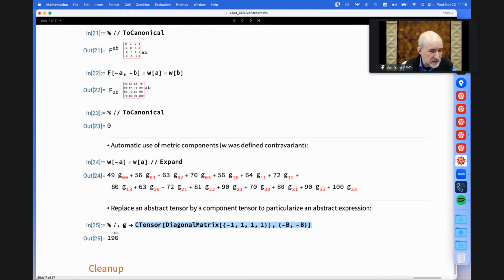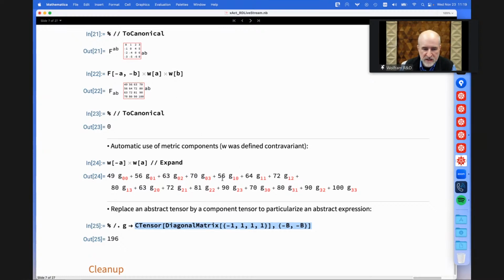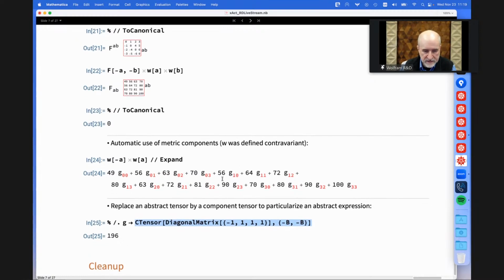There are more packages, yes, indeed, to do component computations, right? This mixture of abstract and component computations is something that is more rare to find.